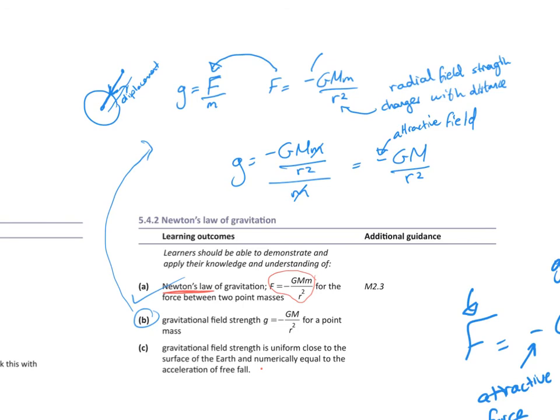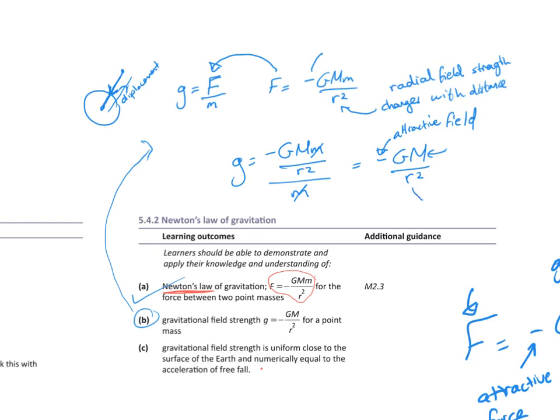From this equation, you can see that the gravitational field strength at the point is directly proportional to the mass of the object creating the field. So once again, G is the gravitational constant. Capital M stands for the mass of the object creating the gravitational field. And it's inversely proportional to the square of the distance from the center of mass.